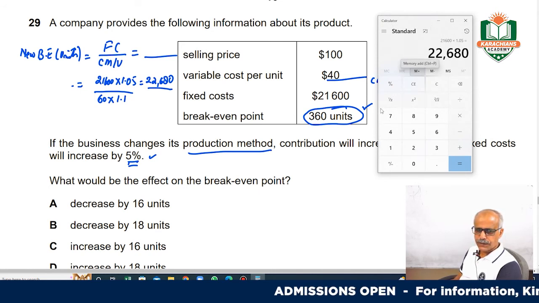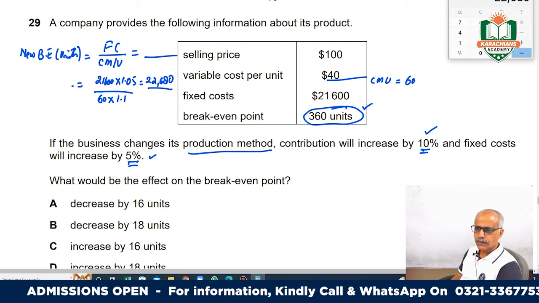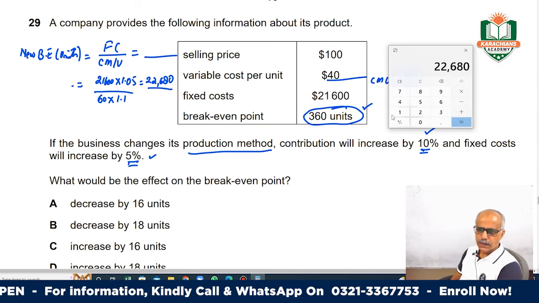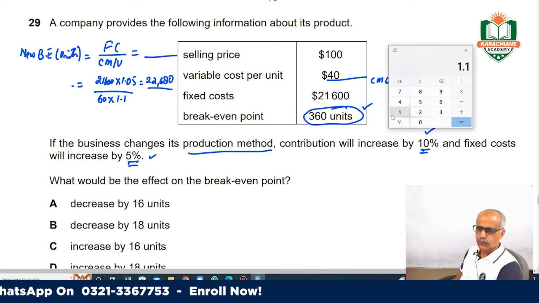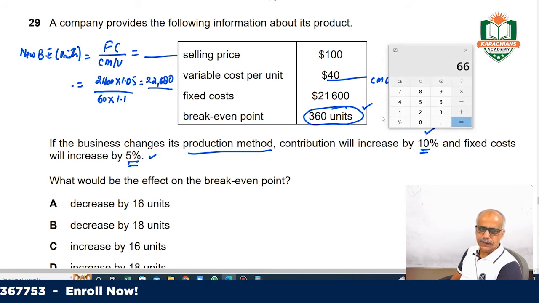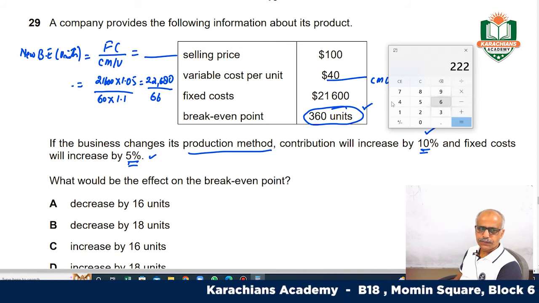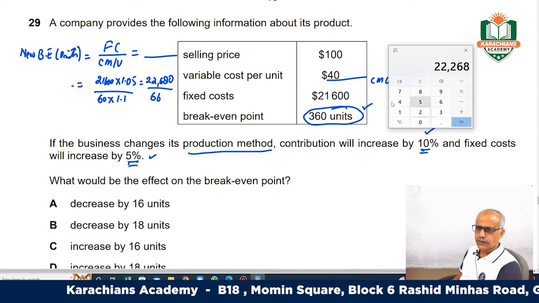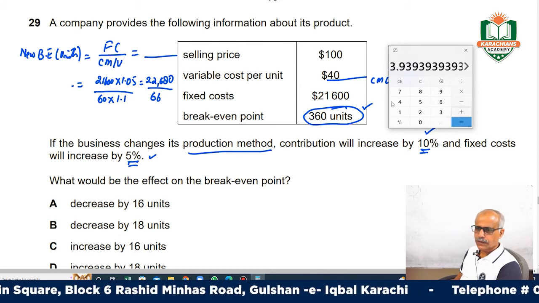And 60 multiplied by 1.1, with a 10% increase, will be 66. What you have to do is 22,680 divided by 66.